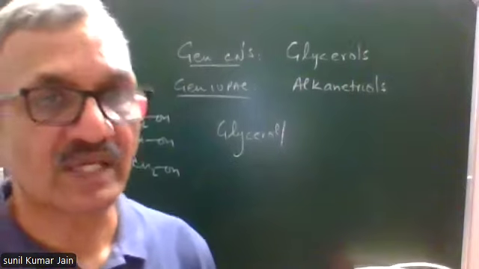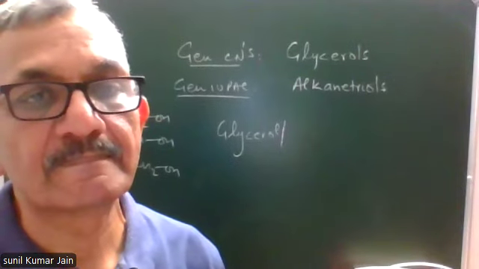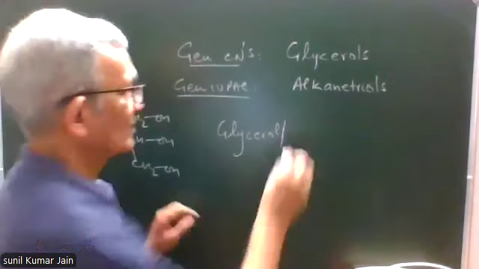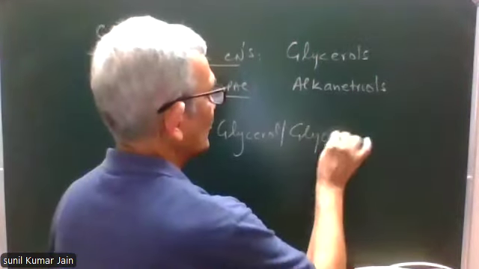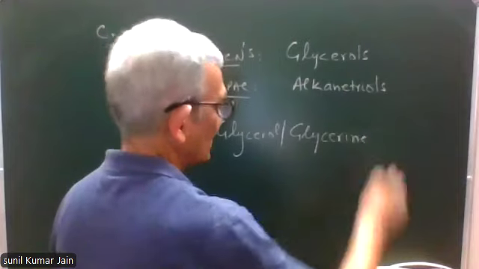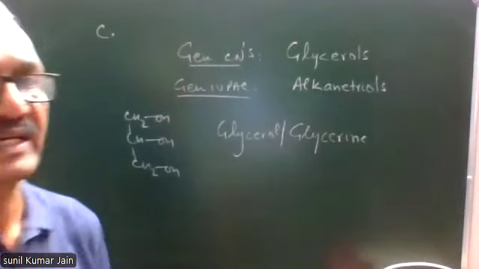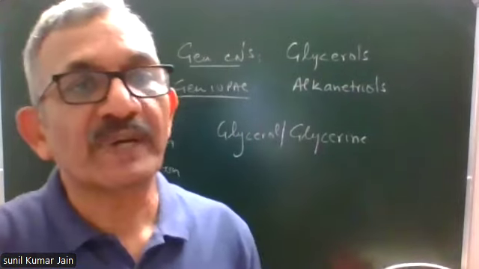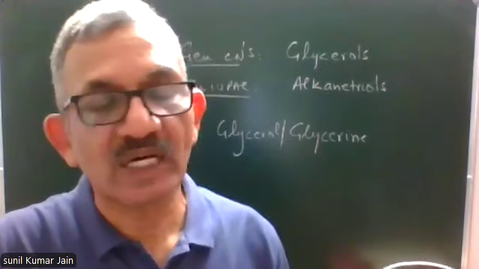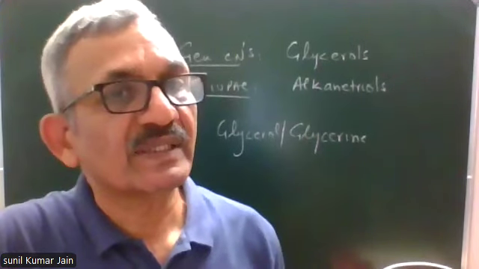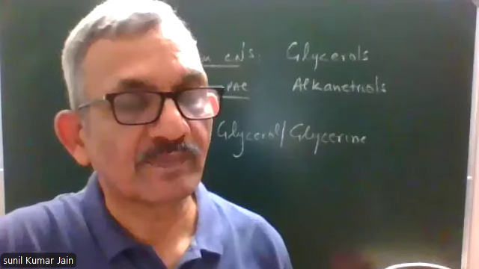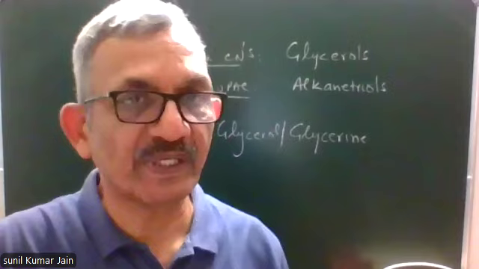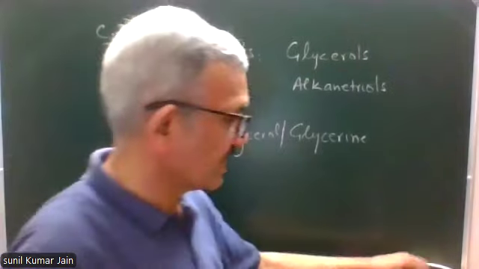Common name: glycerol or glycerine. You all might have used glycerine at home. IUPAC, with or without numbers, will be correct: propane triol or 1,2,3-propane triol. That is your choice.